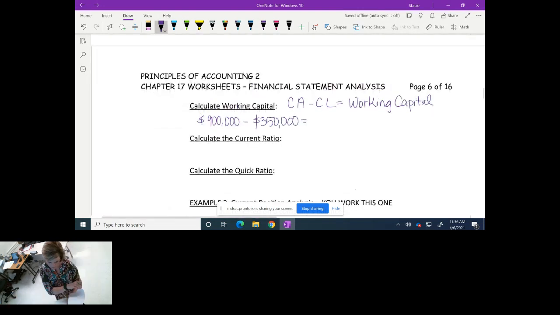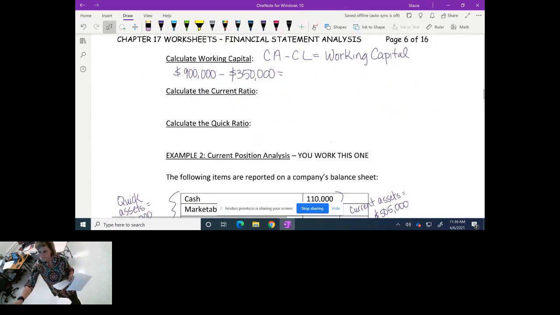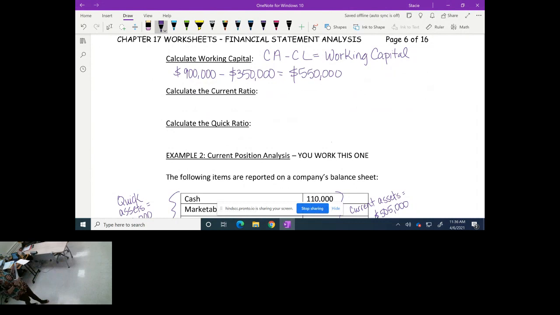So that's going to give us 550. So our working capital is $550,000. So that tells us of all of our current assets, 350 of it will cover our current liabilities and the difference we have to work with.